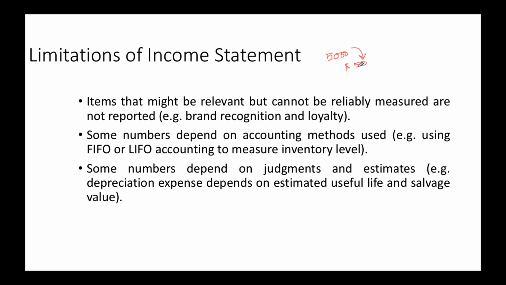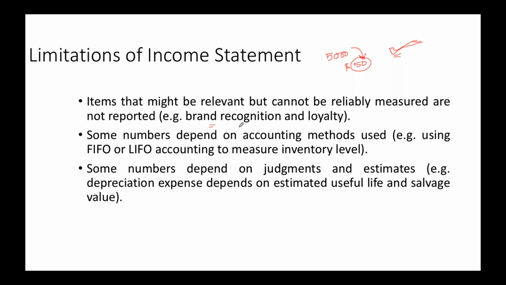What about the brand, the reputation, the loyalty? Loyalty is not mentioned here. Loyalty is a non-monetary item. It's a brand recognition. You have, say, for example, Nike. So this is a brand. The brand value is not presented in the income statement. Only the monetary value.